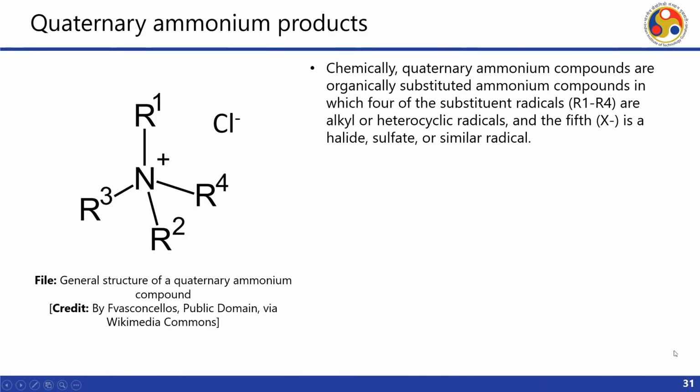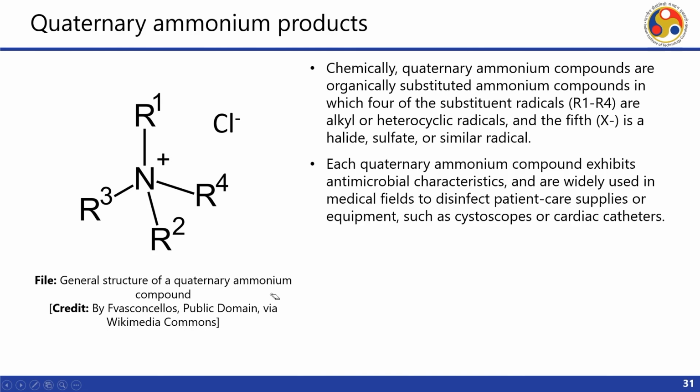Let us now discuss the quaternary ammonium products, or briefly, quats. So, chemically these quaternary ammonium compounds are organically substituted ammonium compounds in which 4 of the substituent radicals, R1 to R4, as you can see in this image, are alkyl or heterocyclic radicals, and there is a 5th, X, which is a halide, sulfate or similar radical.